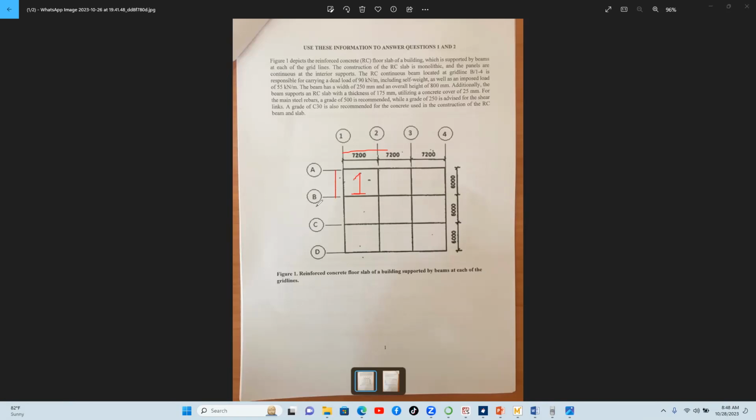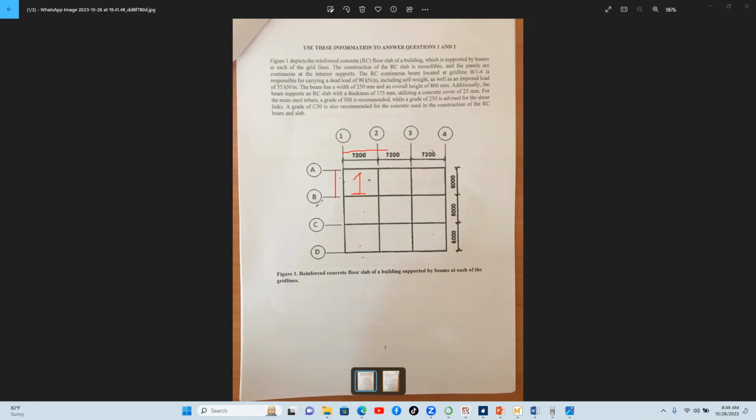With the types of panel, you see interior panel, one short edge discontinuous, one long edge discontinuous, two adjacent edges discontinuous, two short edges discontinuous, two long edges discontinuous, three edges discontinuous, and four edges discontinuous.